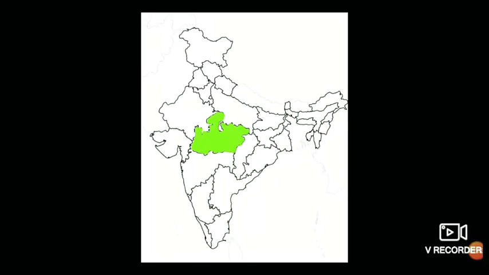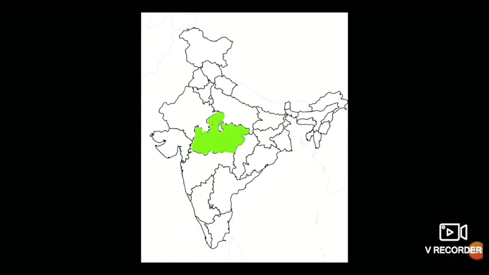Let us mark it in green color. Let's shade the state of Madhya Pradesh. Color it using light green color, the state Madhya Pradesh, as I marked here in the image.